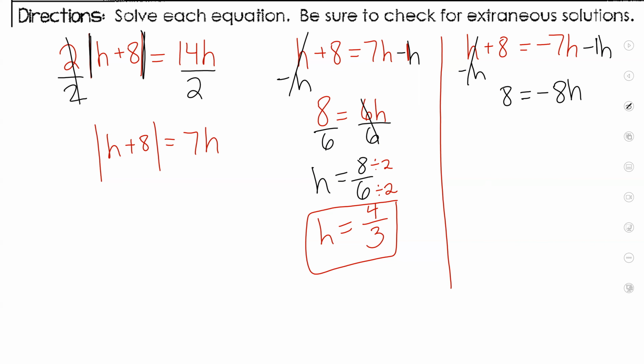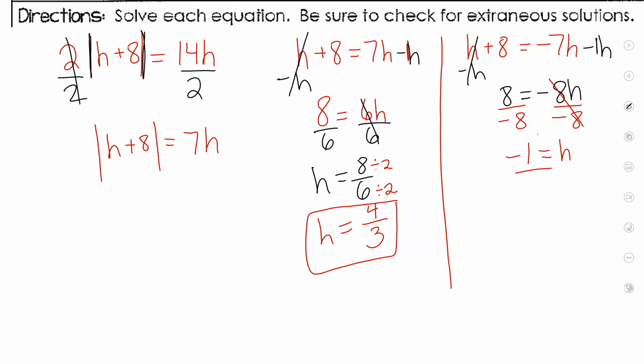So this is where I am now. Now we are going to divide both sides by -8. Those cancel, and I'm left with h. 8 divided by -8 is -1. So these are my two potential answers.